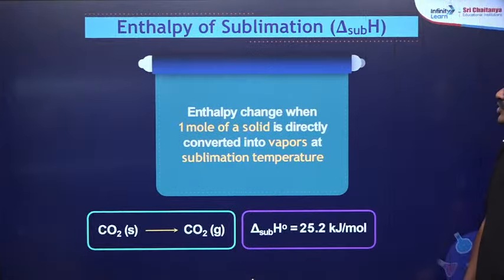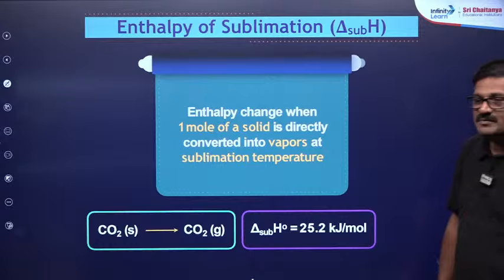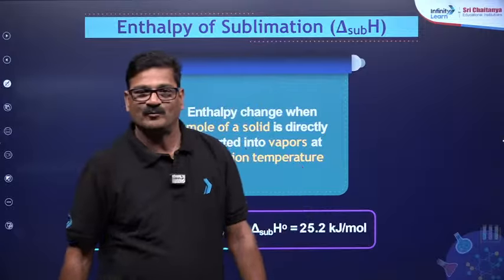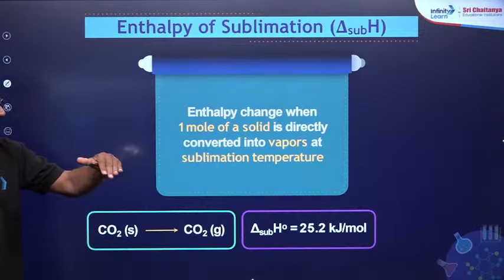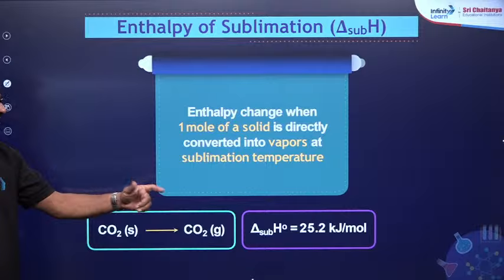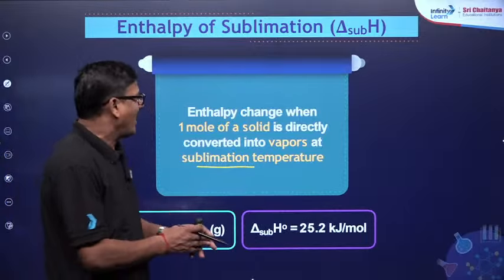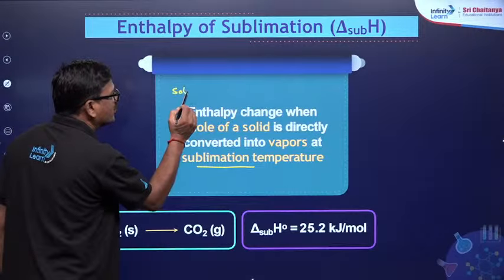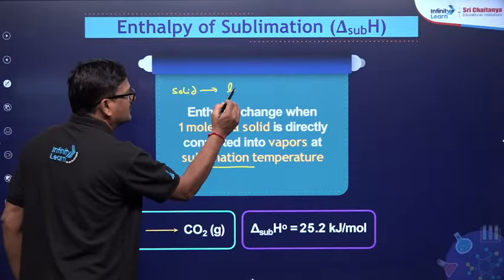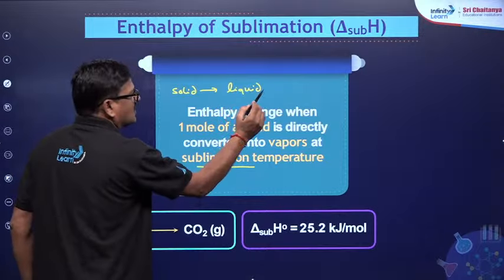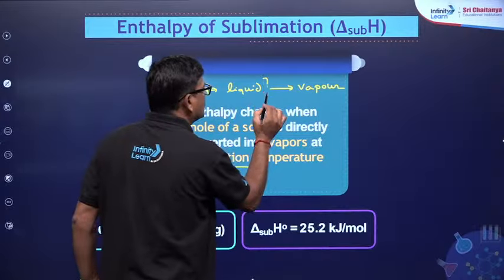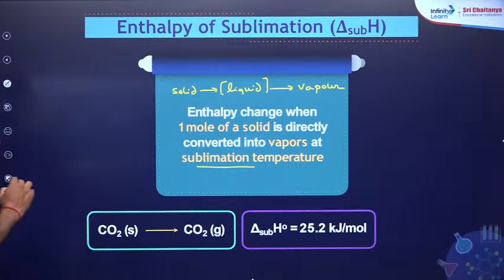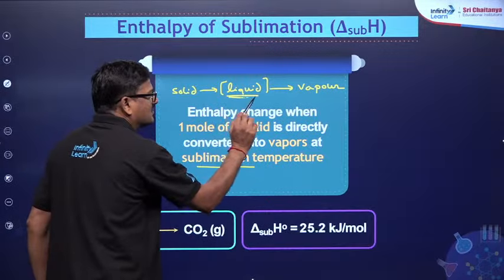And also you can say enthalpy of sublimation. What is the meaning of enthalpy of sublimation? It is the enthalpy change when 1 mole of the solid is directly converted into vapor at the sublimation temperature. So actually solid has to be converted into liquid, and then into vapor, and in this scenario the liquid state is metastable.